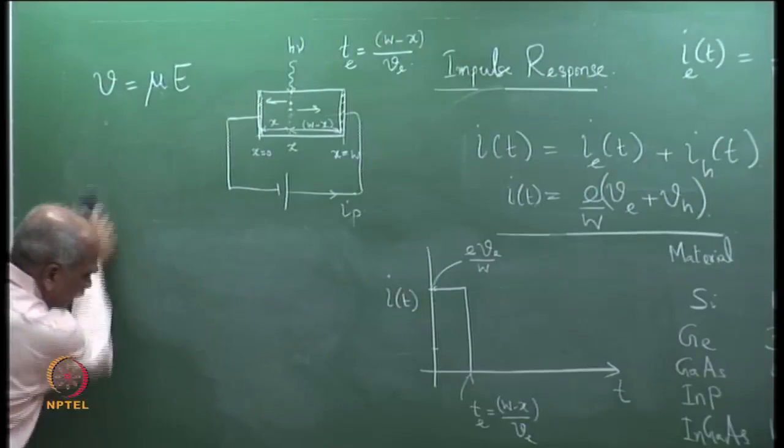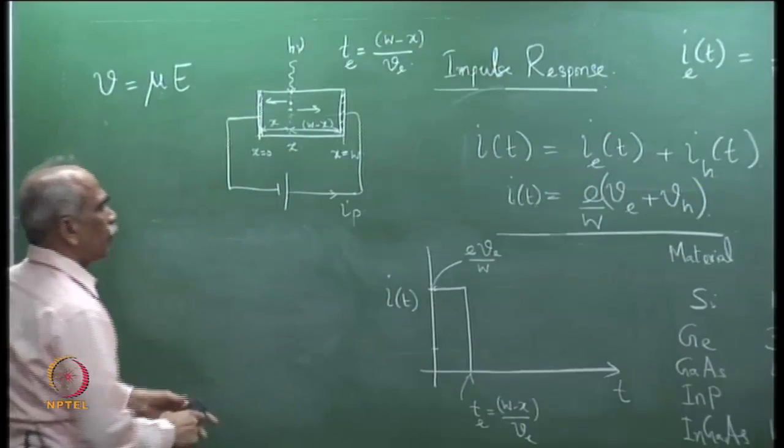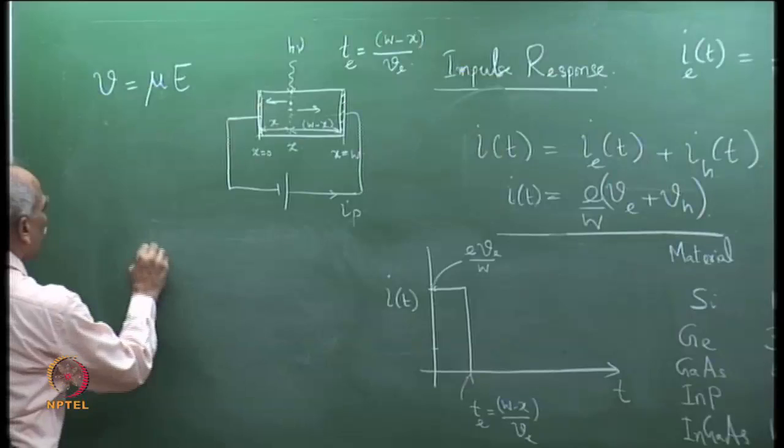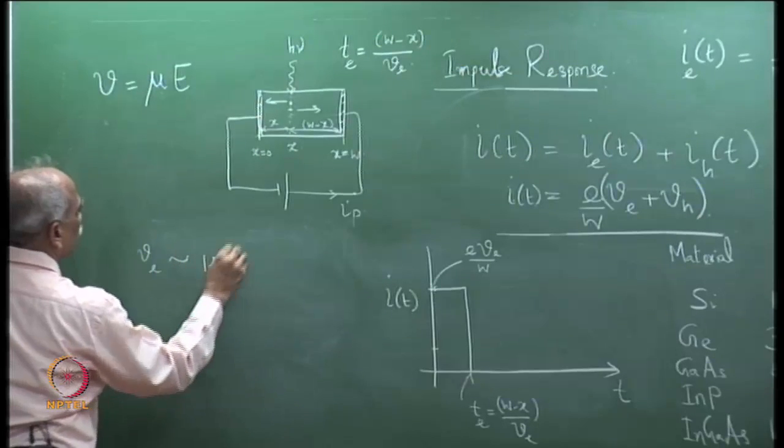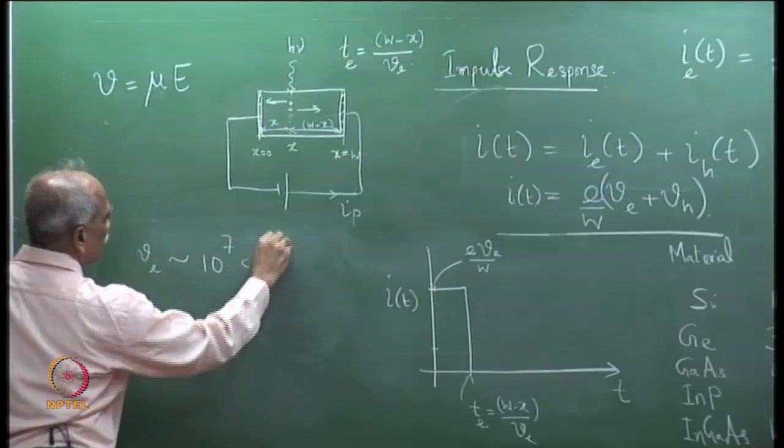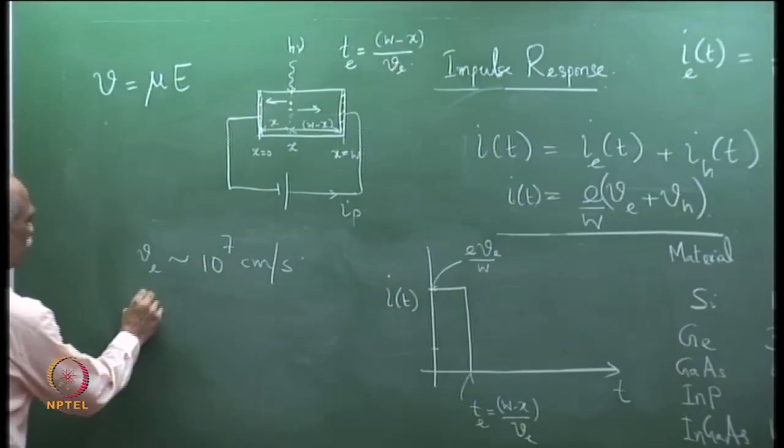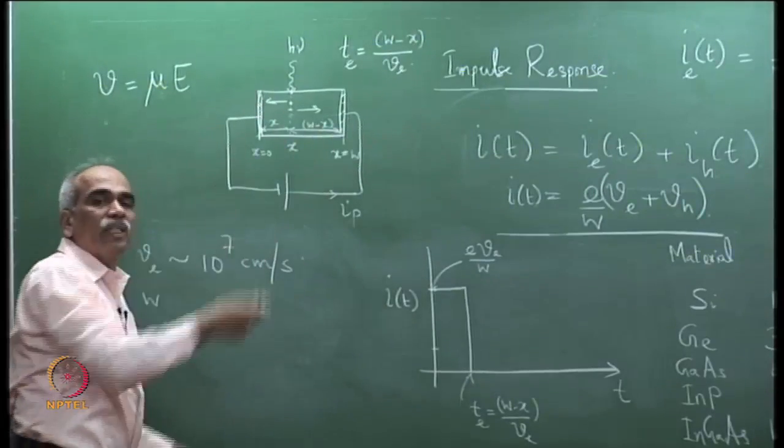So, what kind of numbers are we talking of? I will discuss more about V e a little later, but typically V e is about 10 to the power of 6 or 10 to the power of 7 centimeters per second. W, let us say this is a 1 centimeter detector.